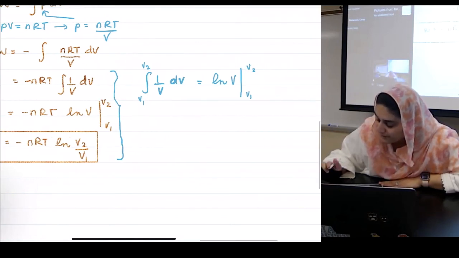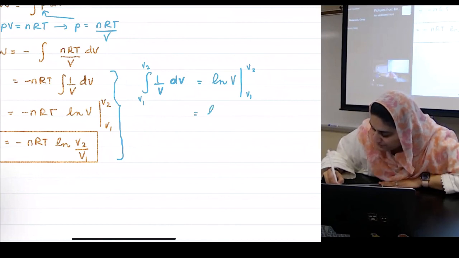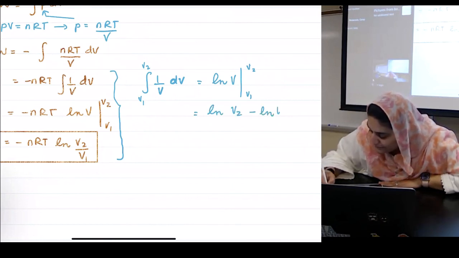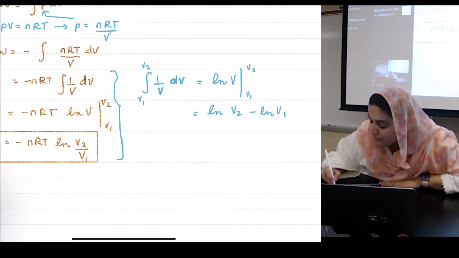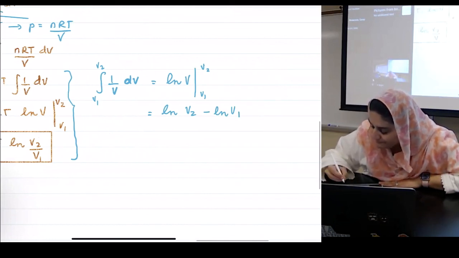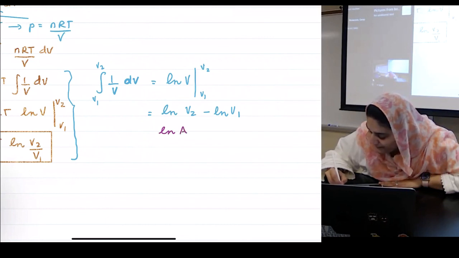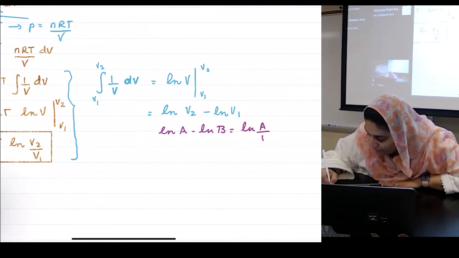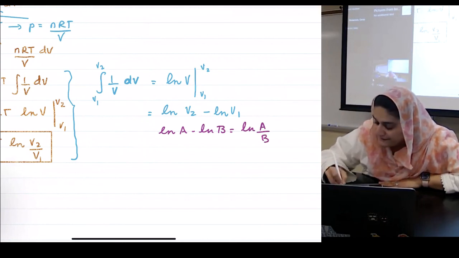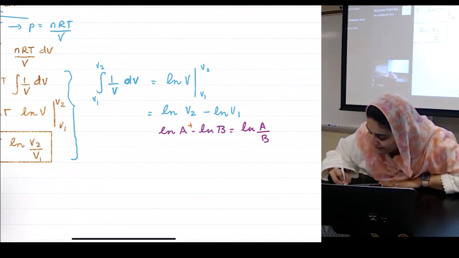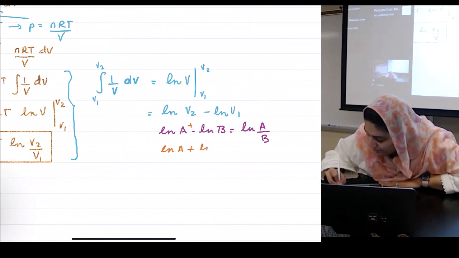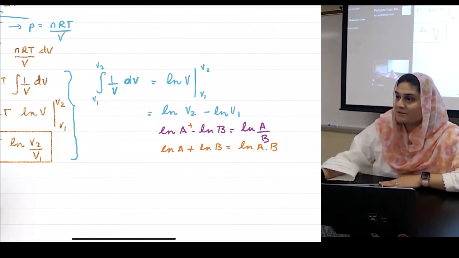How do you open the limits of integration? Natural log of V2 minus natural log of V1. And then the properties of log say log of A minus log of B equals log of A over B. If there was a plus sign in here, then log of A plus log of B will be log of A times B. That's just a property of logs, okay?